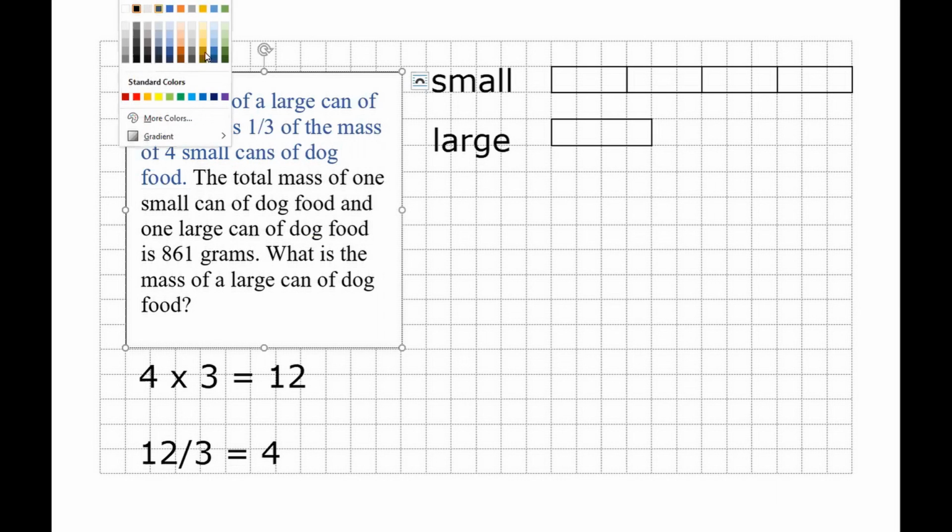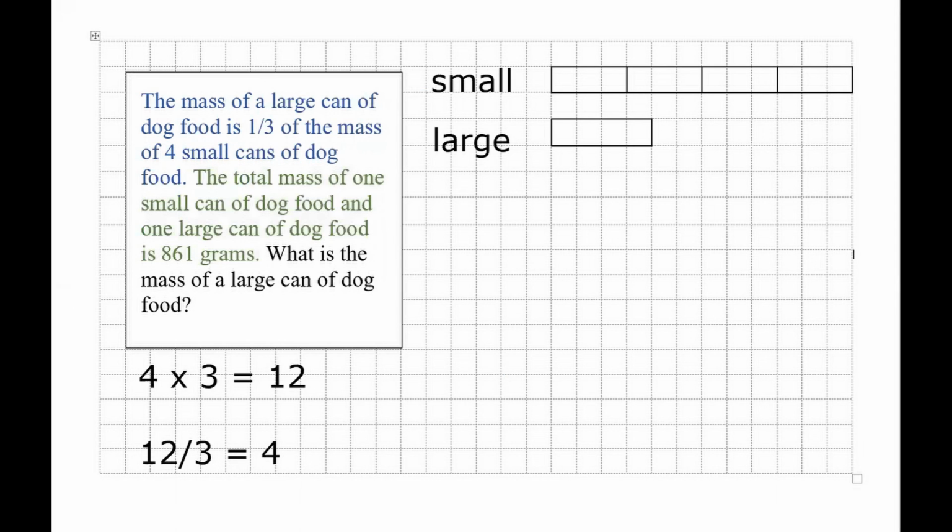This green sentence tells me the total mass of one small can of dog food and one large can of dog food is 861 grams. So the small can is, let's shade it blue.